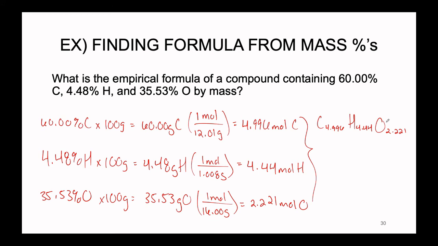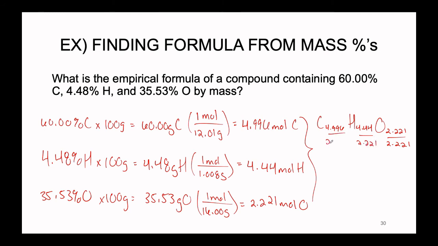So far, so good. The strangeness is going to become more apparent as we attempt to reduce our subscripts. We're going to take the lesser value of everything present, this 2.221, and divide all of the subscripts by this across the board.